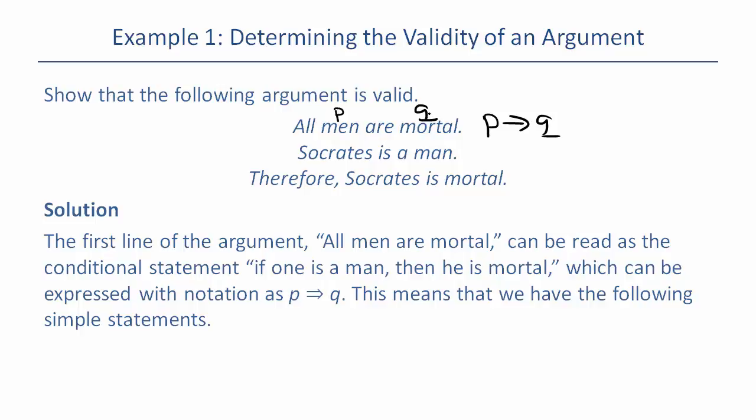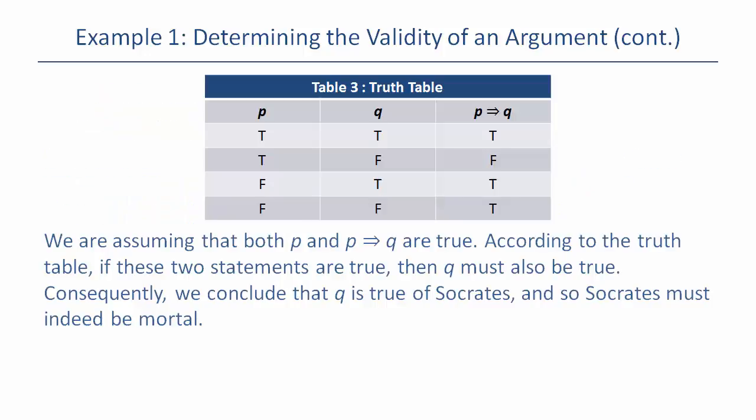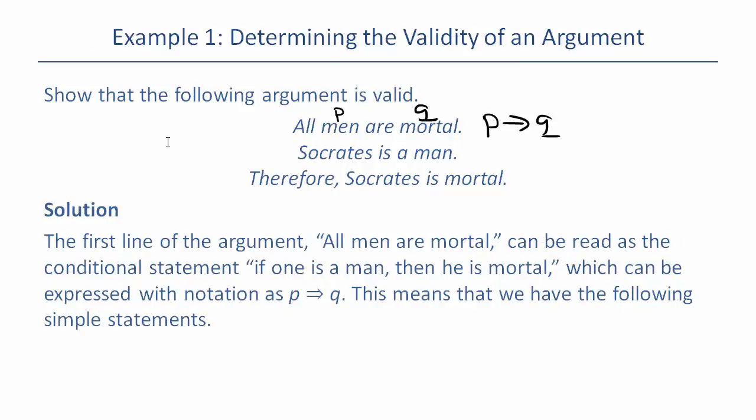Then we look at the second statement, of Socrates being a man, and then the last one is, well, then therefore he must be mortal. So P implies Q, we assume is true.